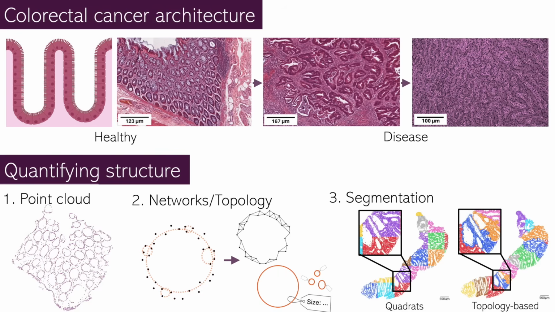Whereas I use topology for the more global properties of the tissue. So topological data analysis, in particular persistent homology, for example, what it tells you is where the holes in your point cloud are, how big they are, how they are related with each other. And then I use all of that information to try to understand a bit better the architecture of cancer.